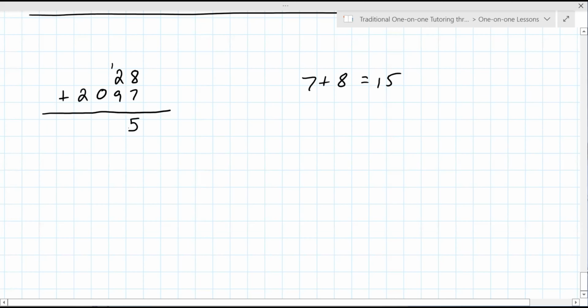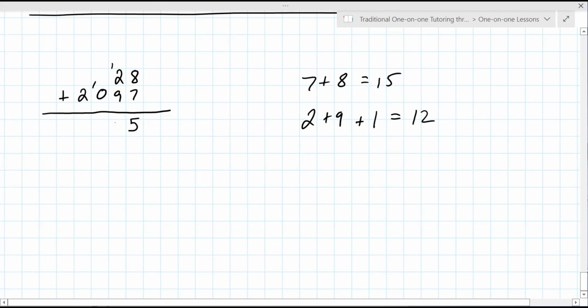And then so 2 plus 9 plus a carry of 1 is 12. And then the carry of 1 goes on the 0.